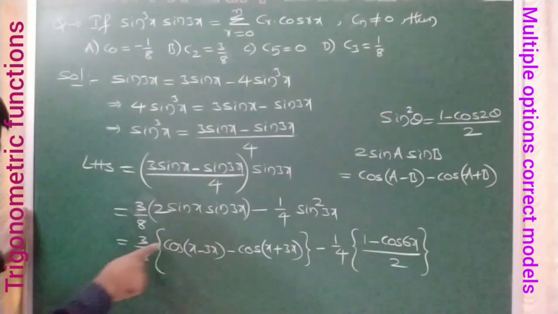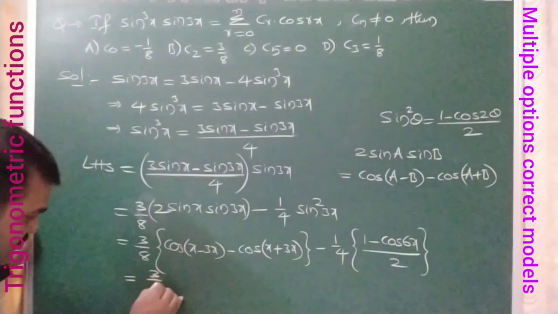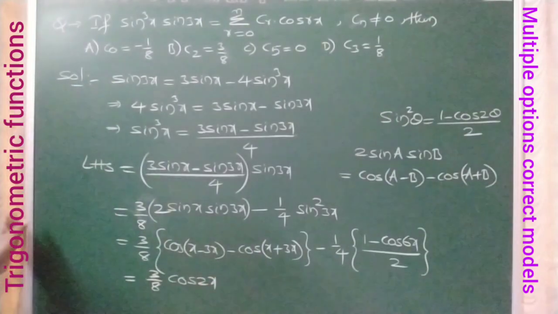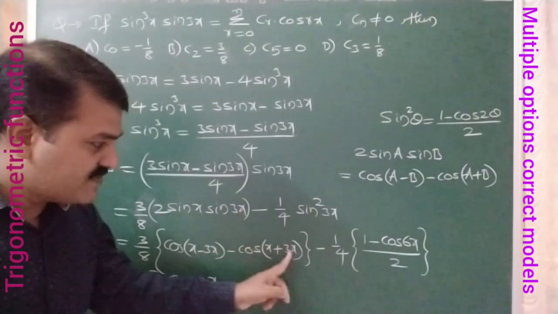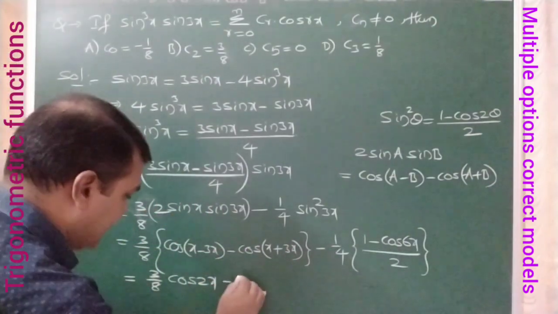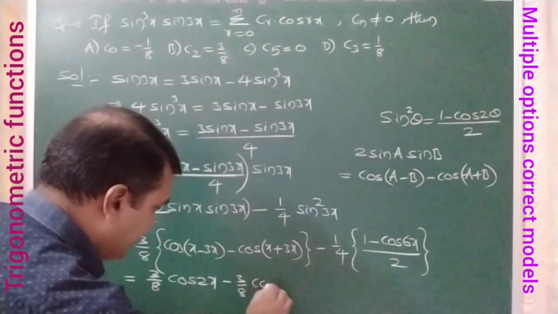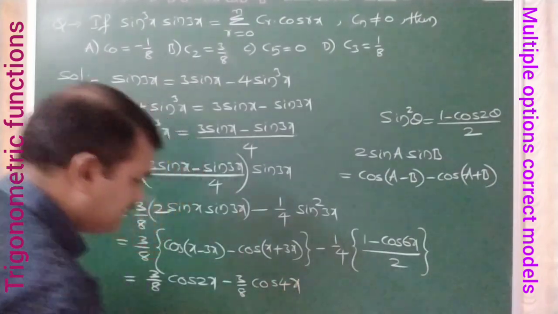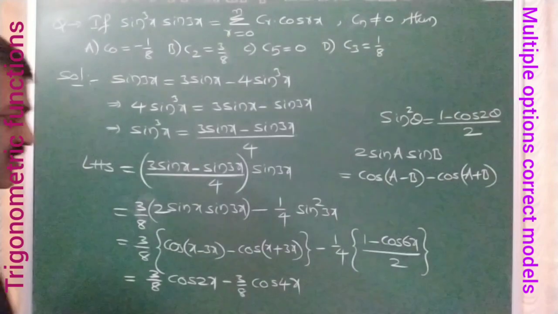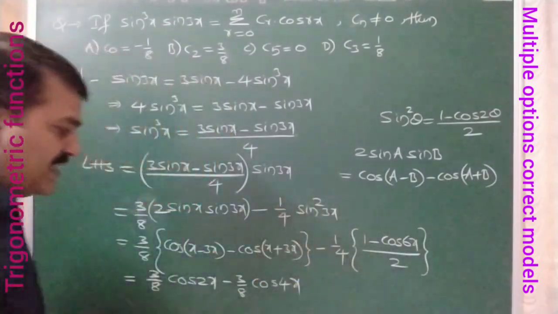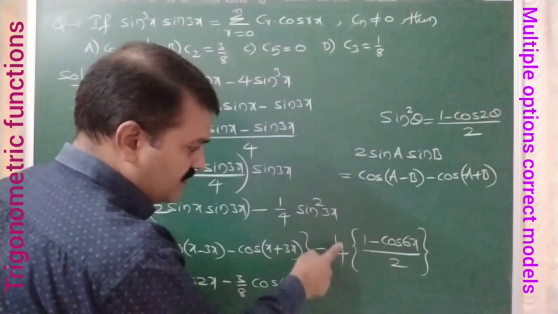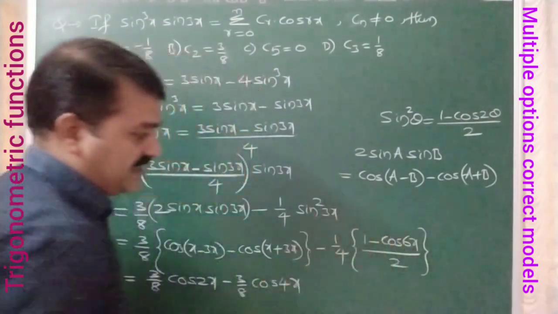So 3 by 8 multiplied with this, we will get 3 by 8 cos 2x. Now coming to here, this is cos 4x. So 3 by 8 multiplied with this, we will get minus 3 by 8 cos 4x. Okay, so next, coming to this part now, minus 1 by 4 multiplied with this part.